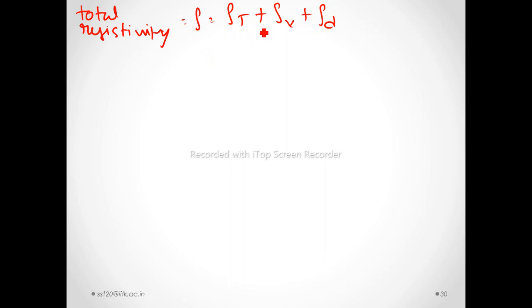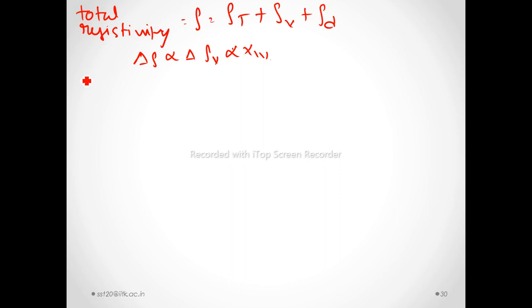Then from this equation, the change in the resistivity is directly proportional to the change in its vacancy. Resistivity of the vacancy is directly proportional to vacancy concentration.